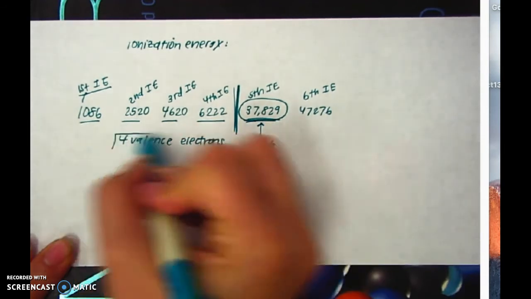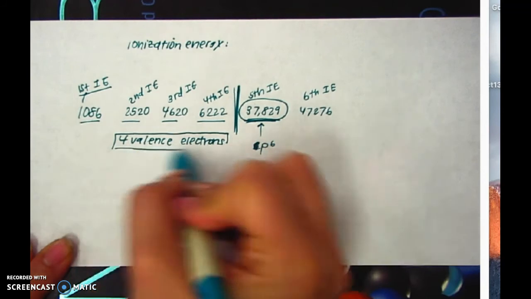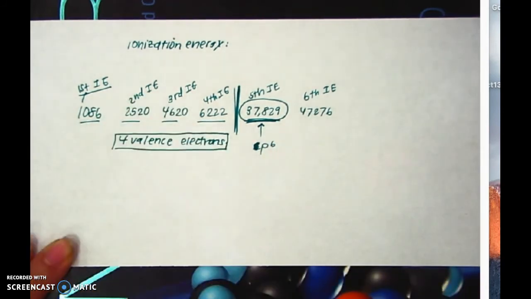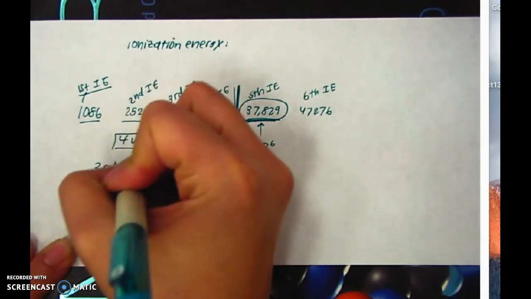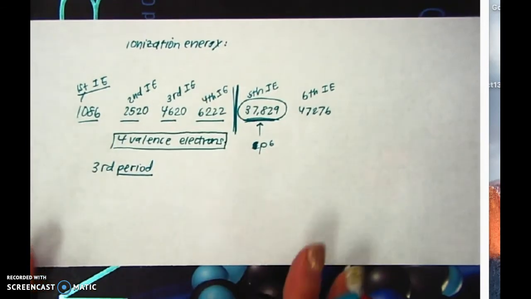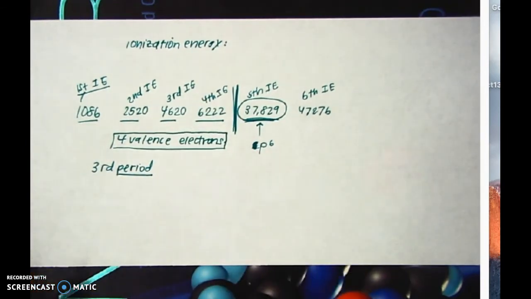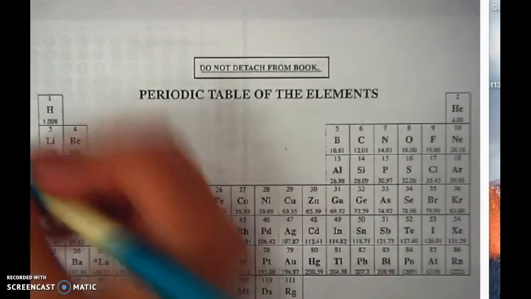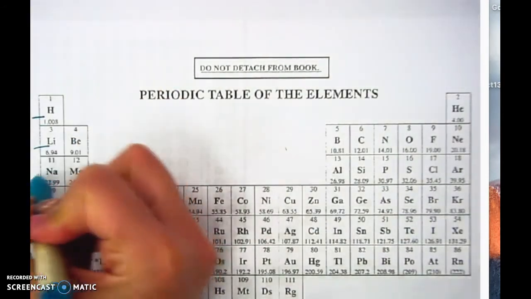And you could take this a little bit further, which is what I was telling you in class today. If I told you that we're looking at, let's say, the third period on the periodic table, and period, you want to remember, is just the row of the periodic table. Let me show you on the periodic table where period 1, period 2, period 3 are.